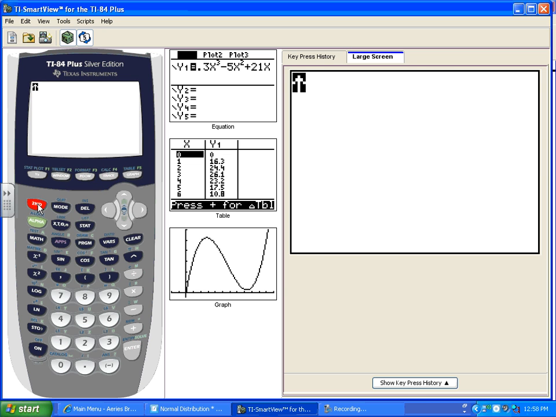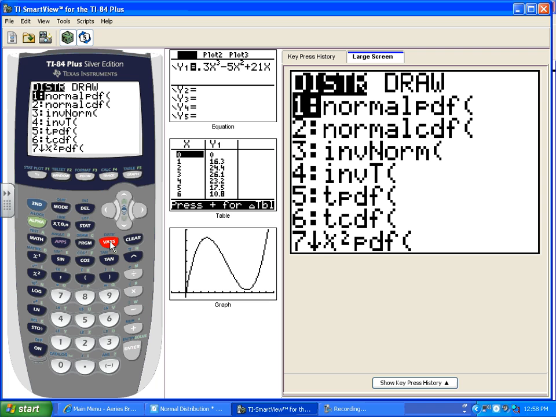Press second distribution. And now, are we dealing with a binomial or a geometric distribution? Neither. This is a normal distribution. These aren't hard questions, people.